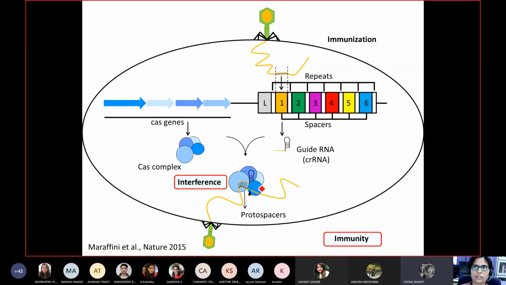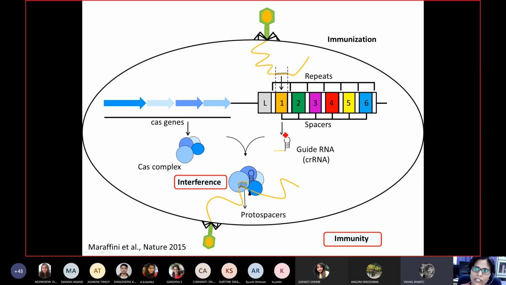It will make the guide RNA for all the DNA it has acquired before, for all kinds of phages. Yes, it actually transcribes the whole thing, from the leader till the end, and then processes everything. So the guide RNA is like a plasma cell that goes and checks where it finds affinity for that DNA, and then it will cut it.